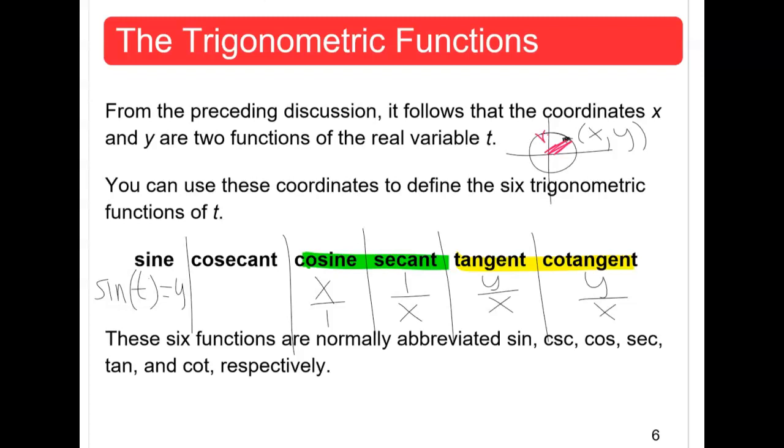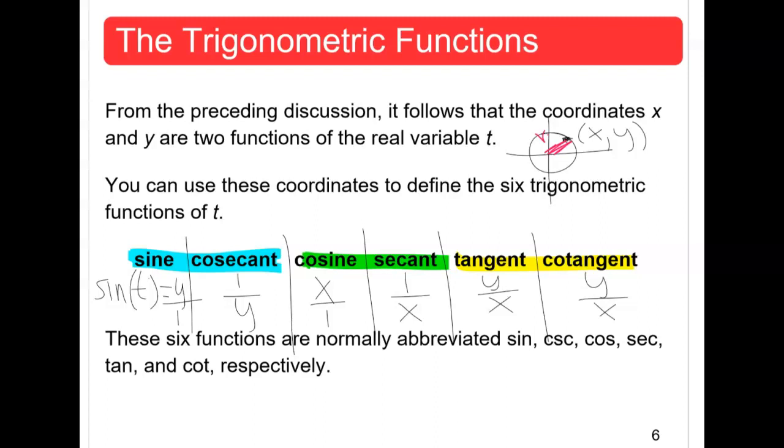And finally, for cosecant, we use the reciprocal of sine. So if sine was to have a 1 under it for the denominator, cosecant will be 1 over y.